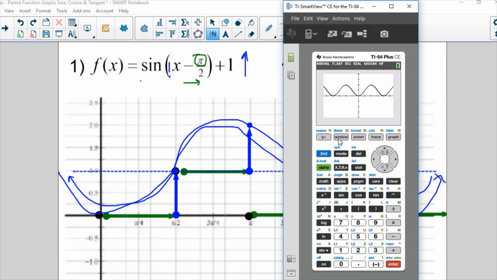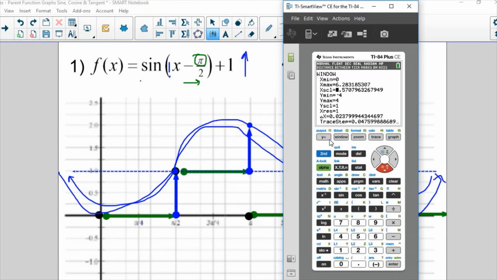So we're going to go back into our window, and we're going to change this to 0, and we're going to go to 2 pi, so it looks just like the unit circle. This tick mark right here is pi over 2, which is very helpful because that's where our parent function 5 values that we have to know go. Remember the 5 values of 0, max, 0, min, 0. They occur at pi over 2 values.